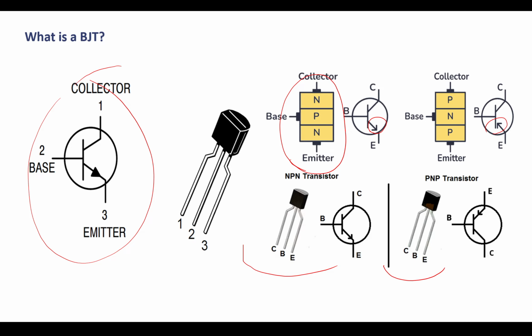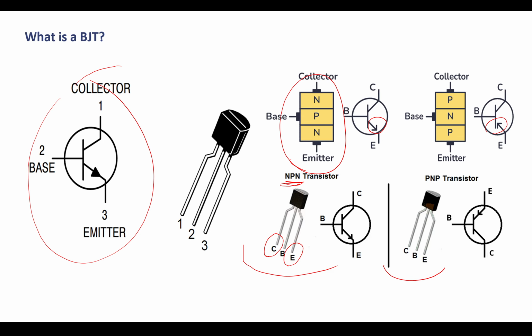If the flat face is facing you, in the NPN, the far left one is collector, the far right one is emitter, and the middle one is base.